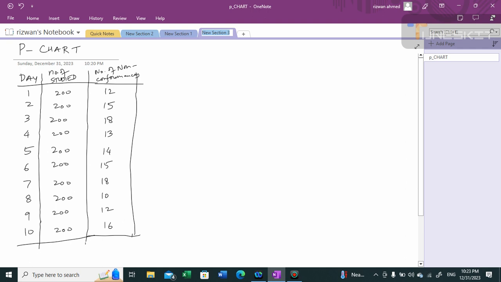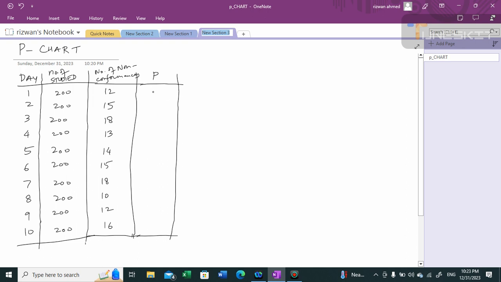Now, how do we compute the proportions of non-conformances each day? By simply dividing the number of non-conformances each day by the number of rooms studied each day.